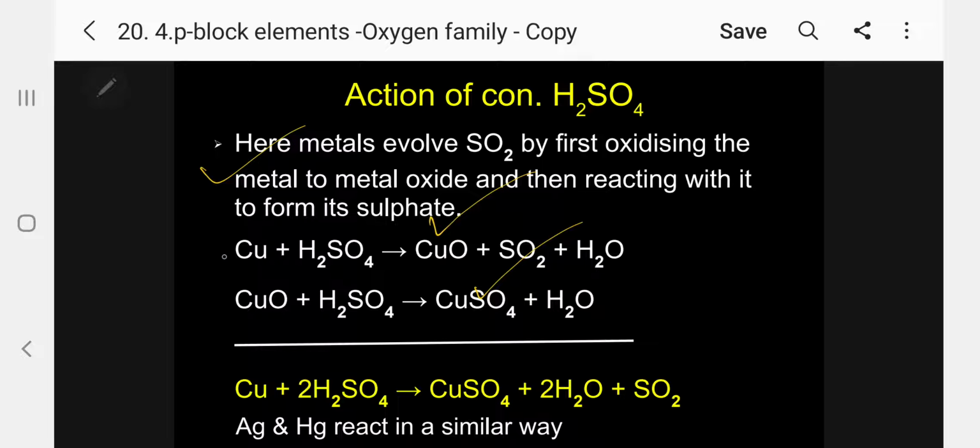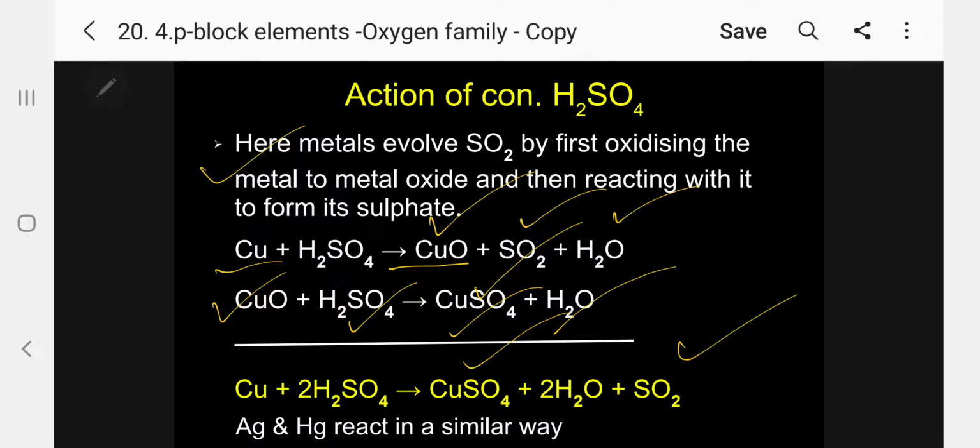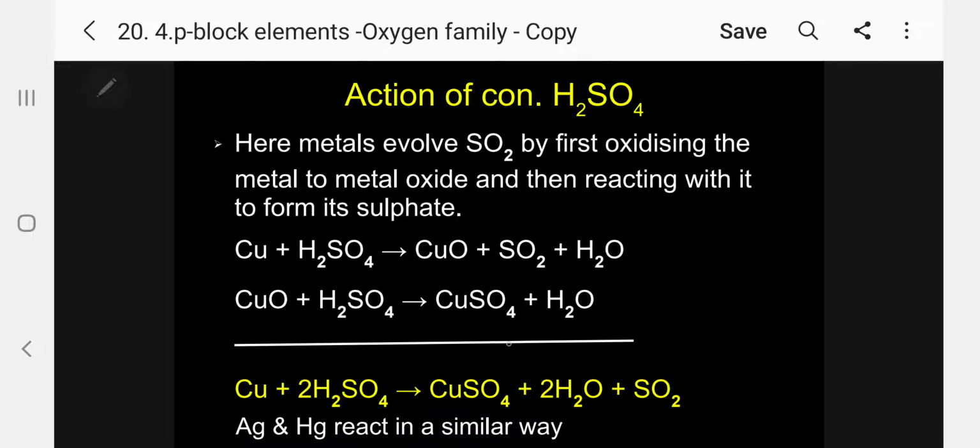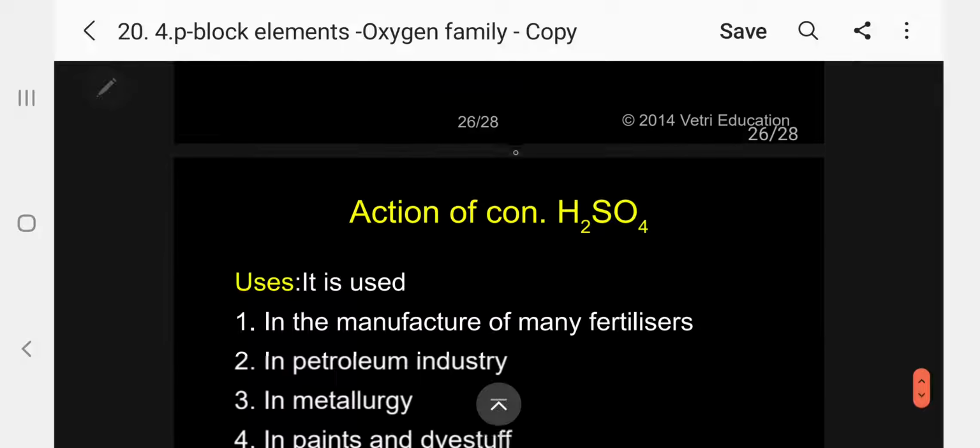First, copper is converted into copper oxide, sulfur dioxide and water are formed, and further the copper oxide is oxidized by sulfuric acid to give copper sulfate and water. So this is the final reaction: copper plus 2 moles of sulfuric acid gives copper sulfate, 2 water and sulfur dioxide. So the metals above hydrogen, copper, silver, mercury, react in a similar way with concentrated sulfuric acid. So no hydrogen is produced, only water.